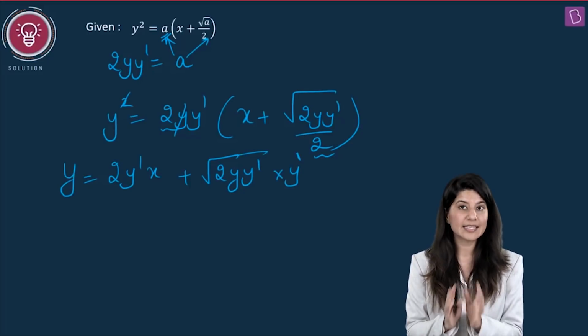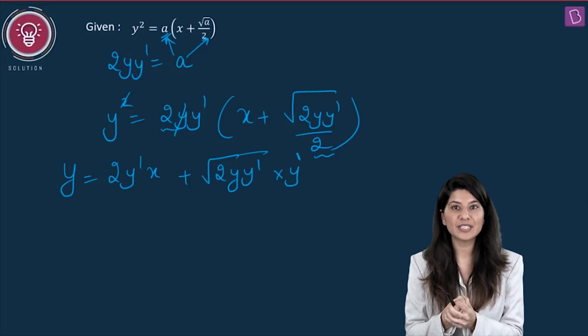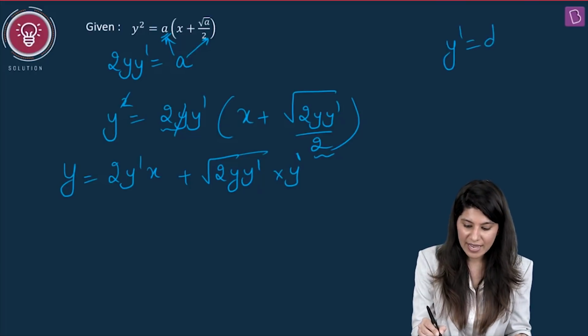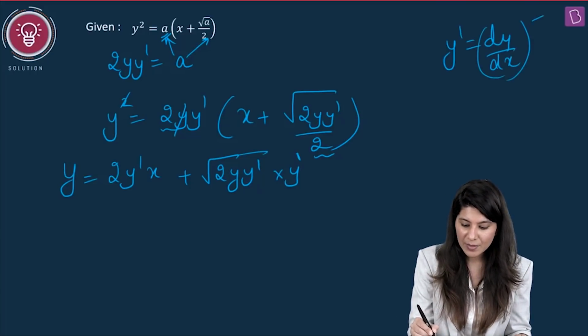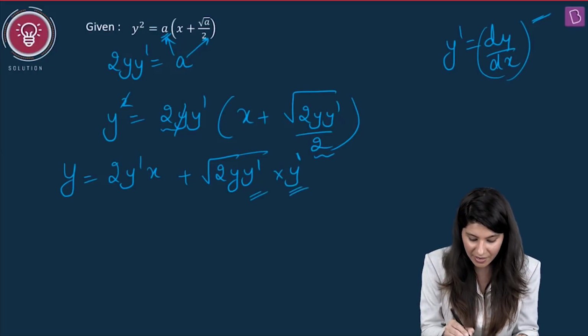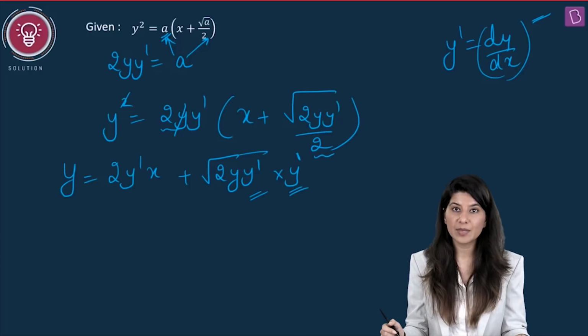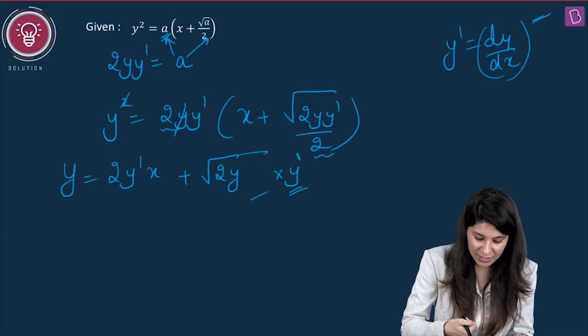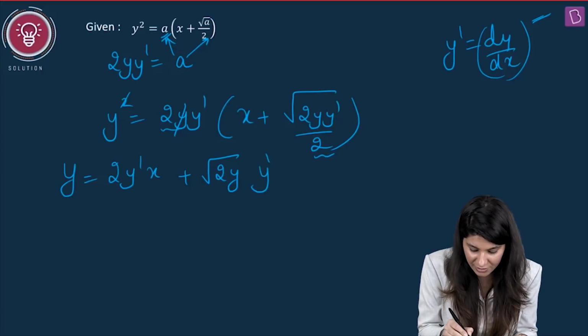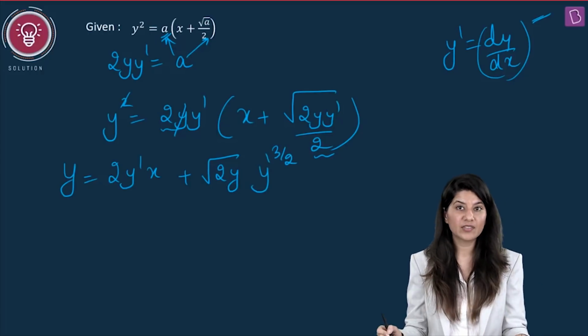Right, now this is still not the correct form of differential equation. In differential equation, what do we do? The power of y dash or dy by dx would be a whole number. And in here I can see this is the power. 1 plus half is what? 3 by 2. The power of y dash is nothing but 3 by 2. I need to get rid of this 3 by 2.